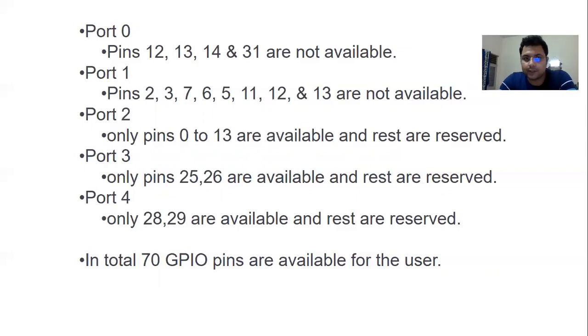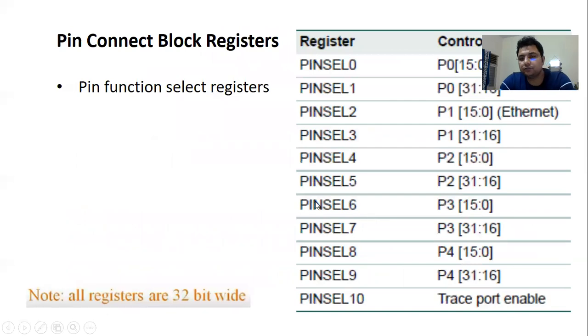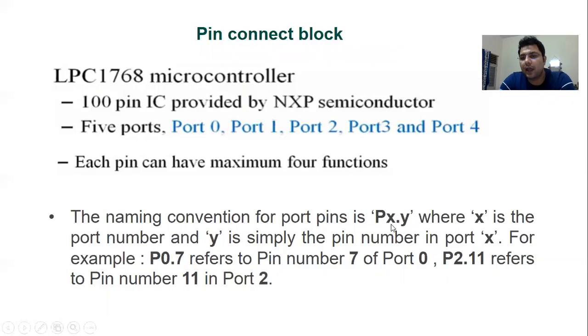Now, how do we represent this? What is the naming convention? We have a port, and inside the port we have a pin. So we represent it as Px.y. Here x means the port number and y means which pin inside that port we are targeting.